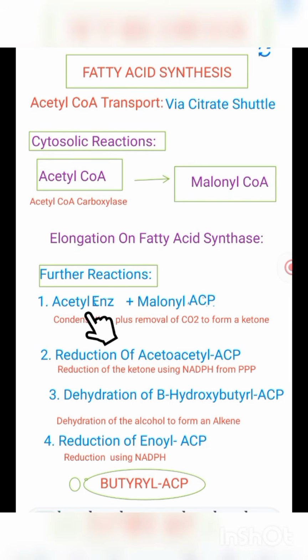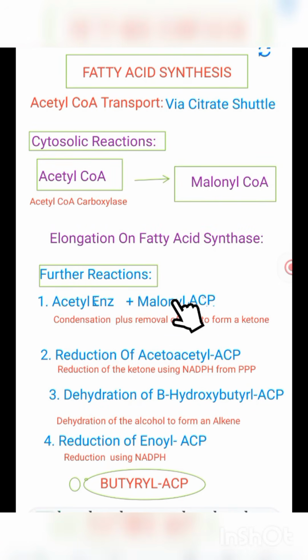Now, as the 4-carbon butyryl CoA sits in this position, the malonyl CoA, which is the supplier of the 2 carbon atoms at a time, will again undergo a condensation step, where malonyl CoA donates 2 carbon atoms to the butyryl ACP molecule, and another carbon dioxide molecule is produced.